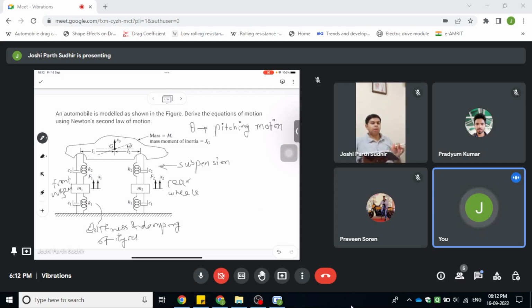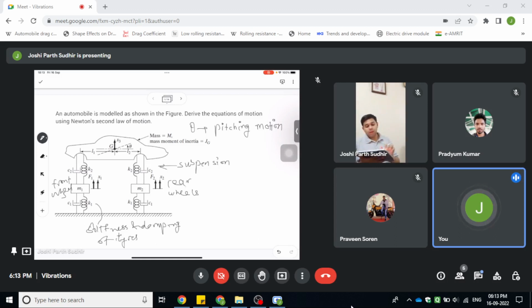In reality, there will be more possibilities of the degrees of freedom. The car can also do yaw motion as well as rolling motion. So all those things have not been considered here, but for this particular model we will just stick to pitching motion only.